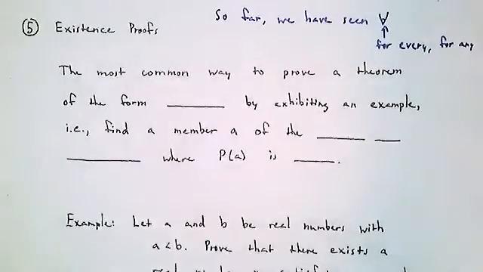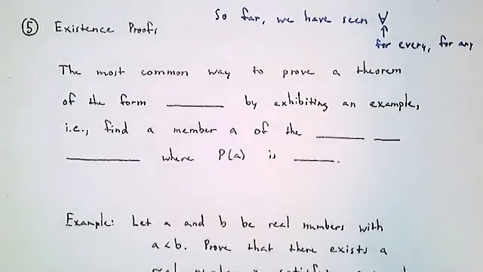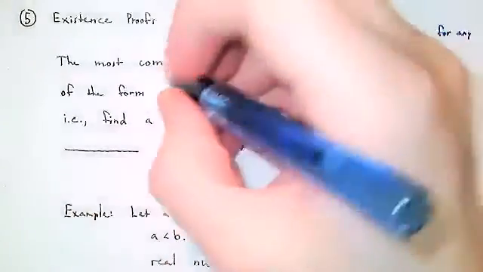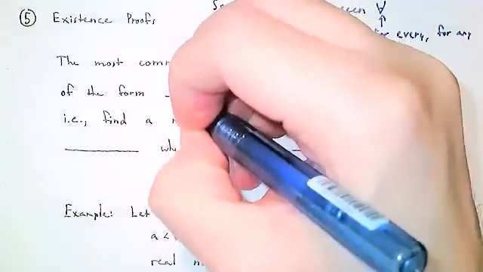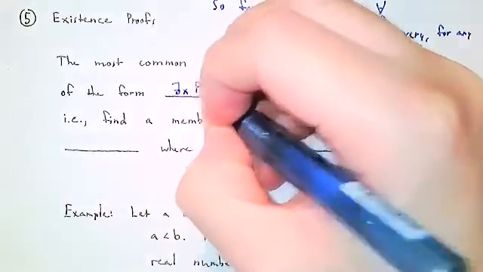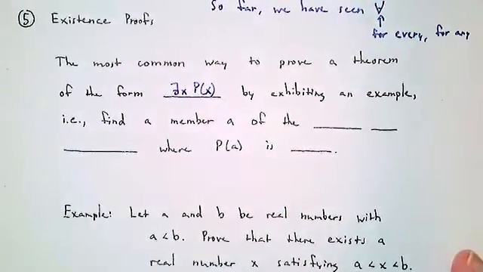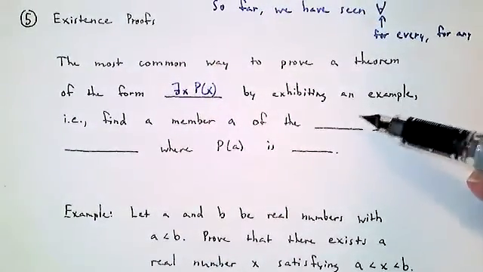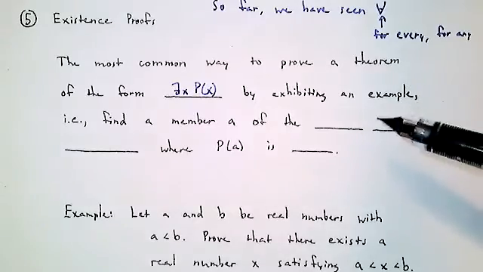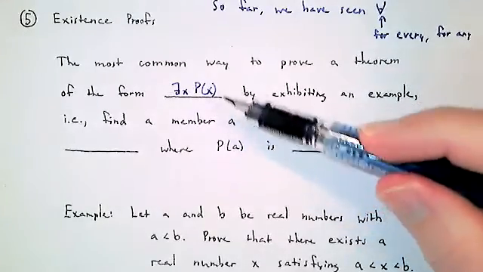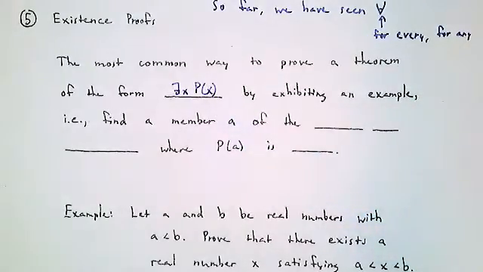And the most common way to prove a theorem of this form, existential, so there exists an x such that P of x, is just by exhibiting an example. So just writing something down where whatever this is works, where it's true.